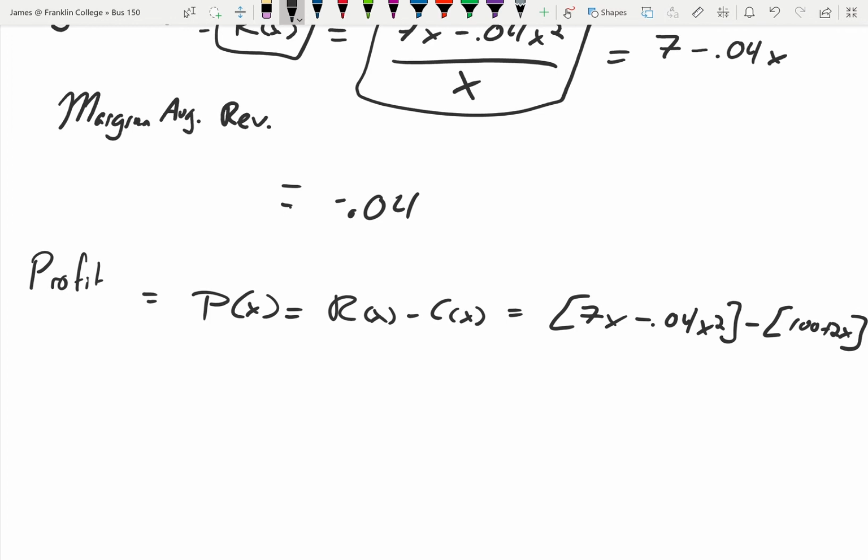So let's simplify that a little bit. We have minus 100. If we combine our x terms, we're going to have plus 5x. And we only have one x squared term, so minus 0.04x squared.